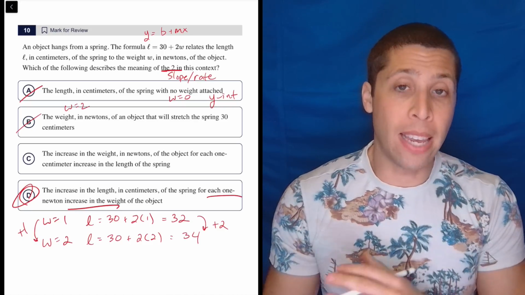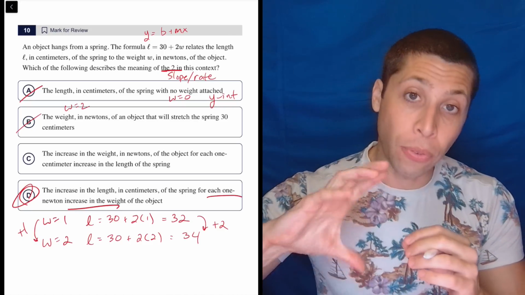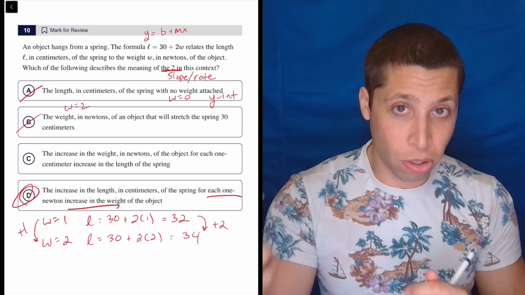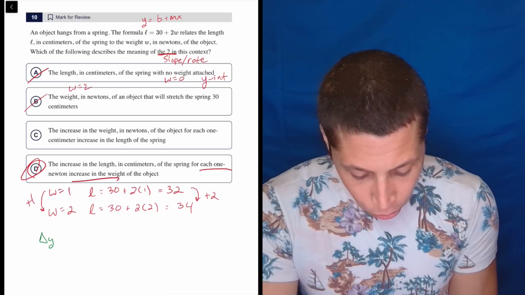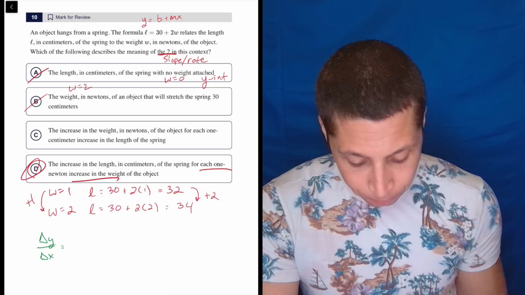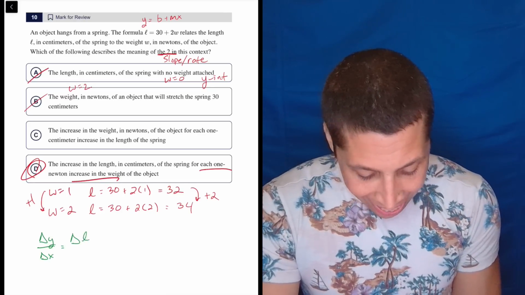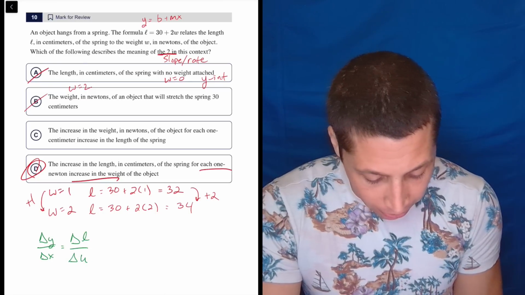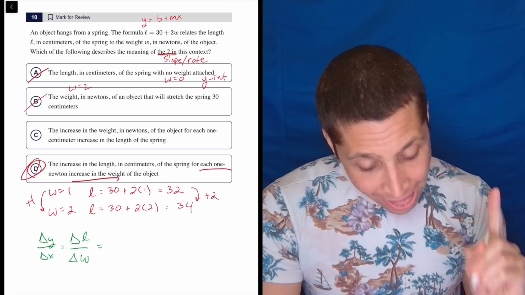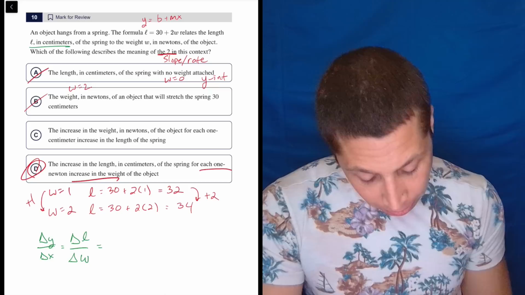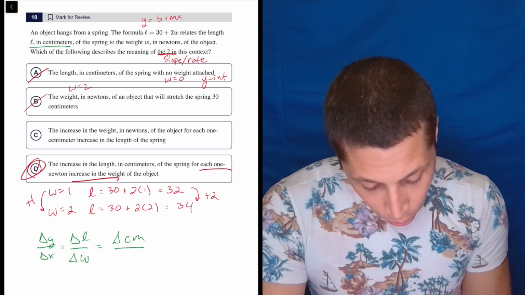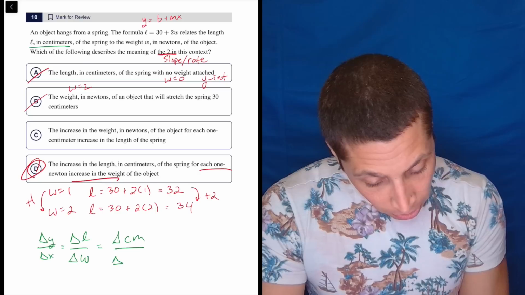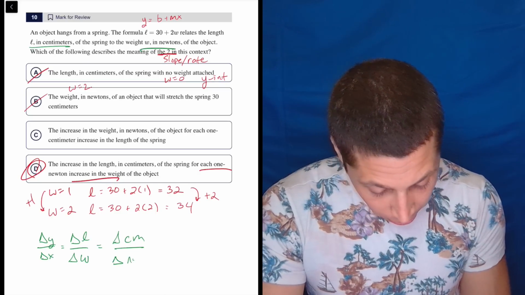And the reason that that's the answer and not choice C is flipping the units of the slope here. So remember, slope is the change in y over the change in x. In this case, the change in L over the change in W, right? So the L is the length in centimeters, so change in centimeters, over the change in the W, which is newtons.